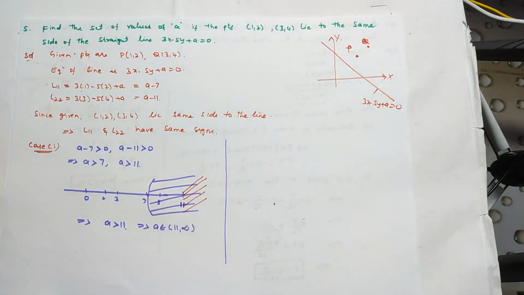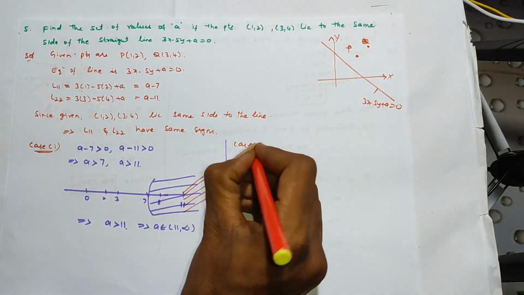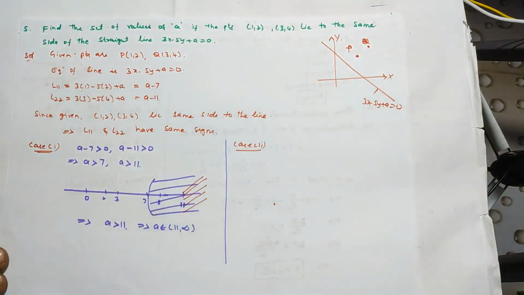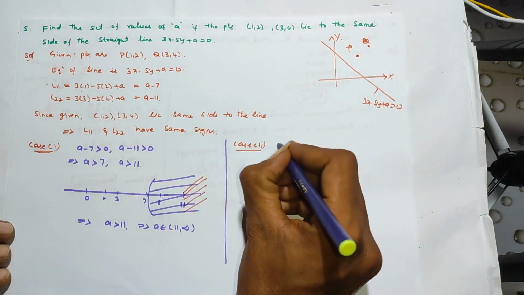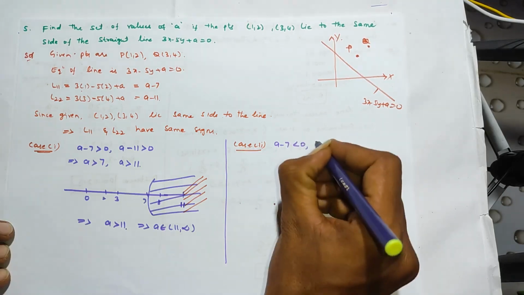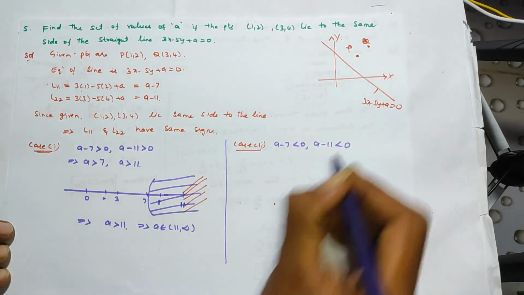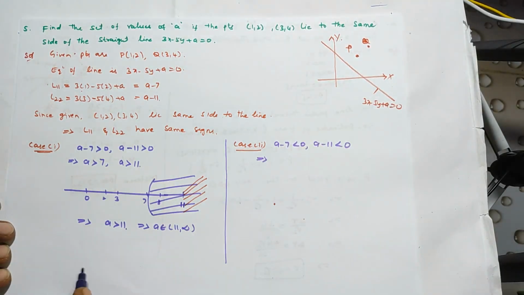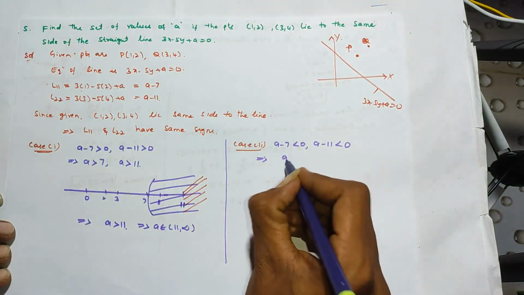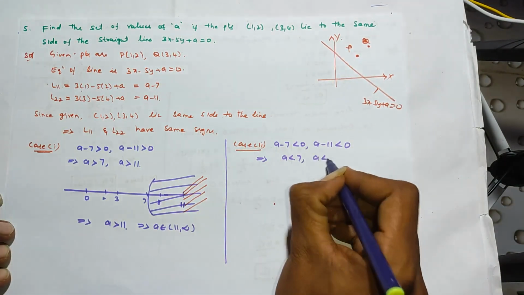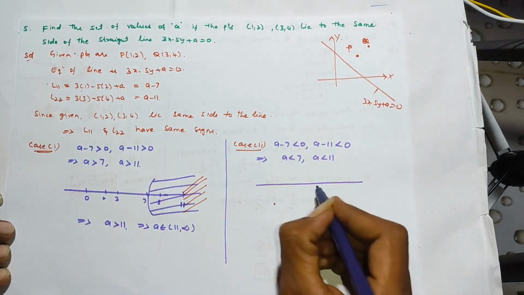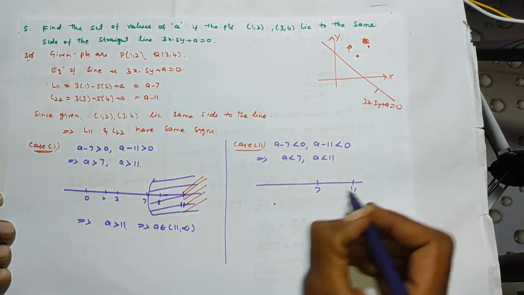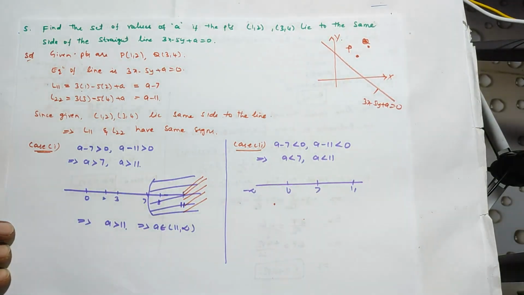Case 2, both are negative, right? So a minus 7 less than 0 and a minus 11 less than 0, which implies a less than 7, comma, a less than 11, right? Suppose here 7 and here 11, here 0 and here minus infinity values.